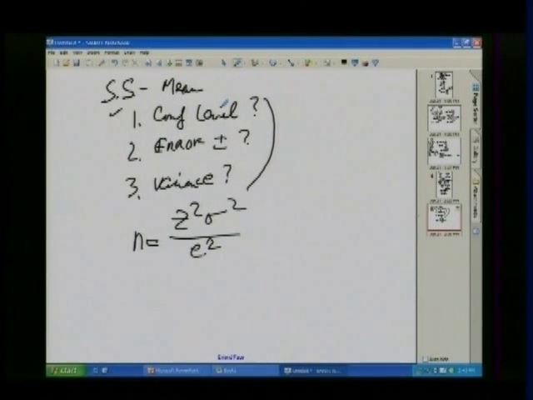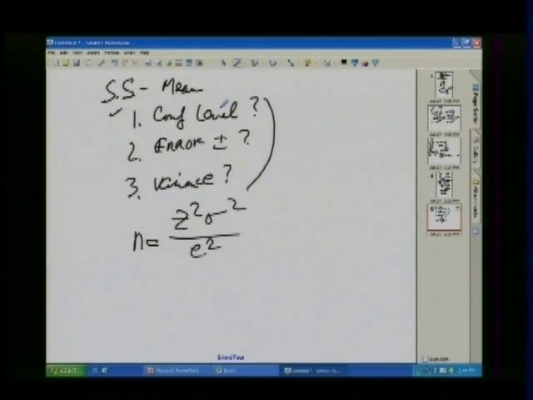Sigma squared is going to be question number 3, and E squared is going to be the amount of error that I'm willing to live with, plus or minus what. So all we need to do really is to plug numbers into our formula and solve for n. Now the easy place to make a mistake here is forgetting to square each of those values.